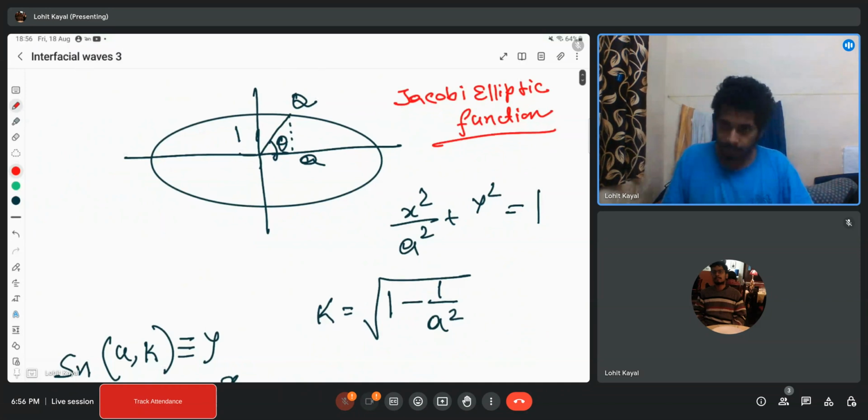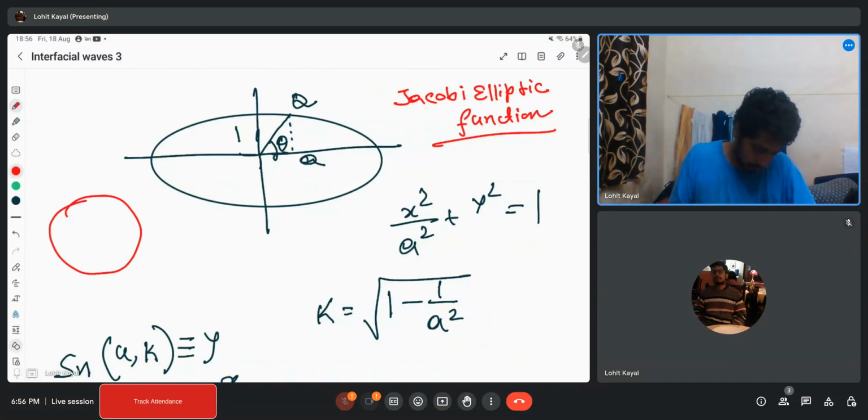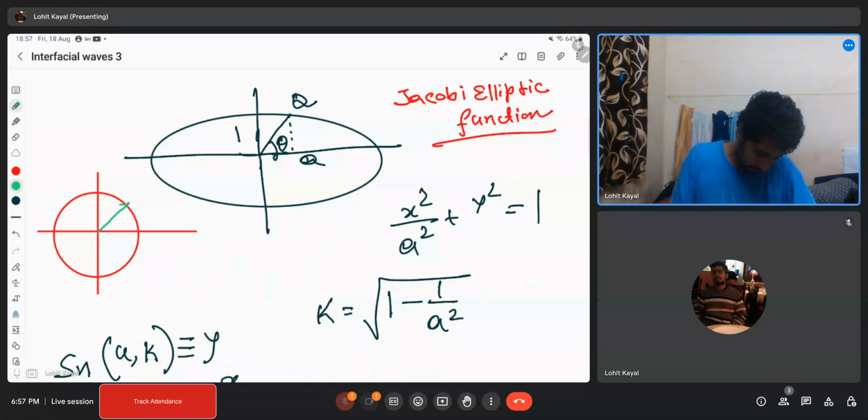So now what is this? Before going into the Jacobi elliptic function, let us refresh our memory of simple trigonometry. Suppose this is your circle, and this is the center of the circle, and this is some angle theta, and the radius is r.